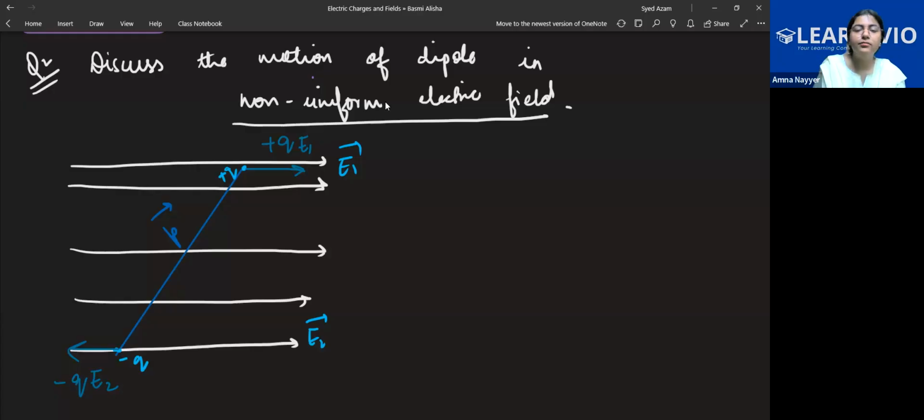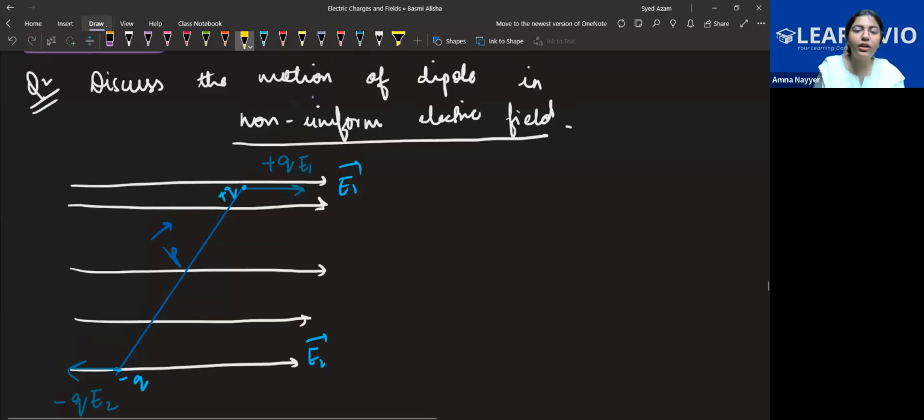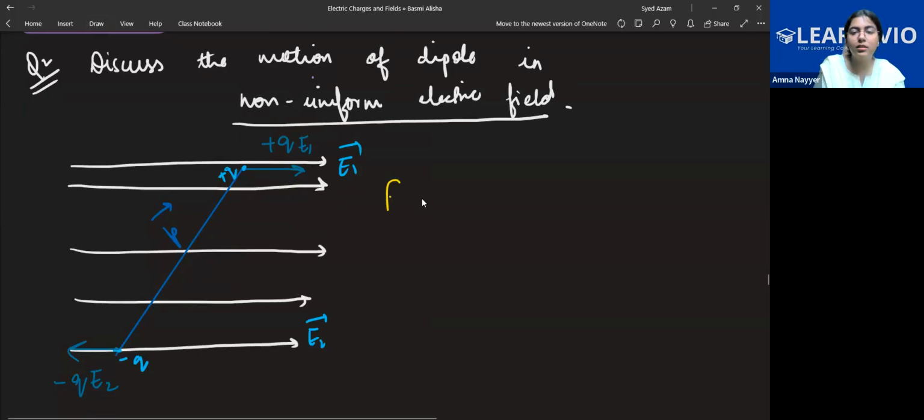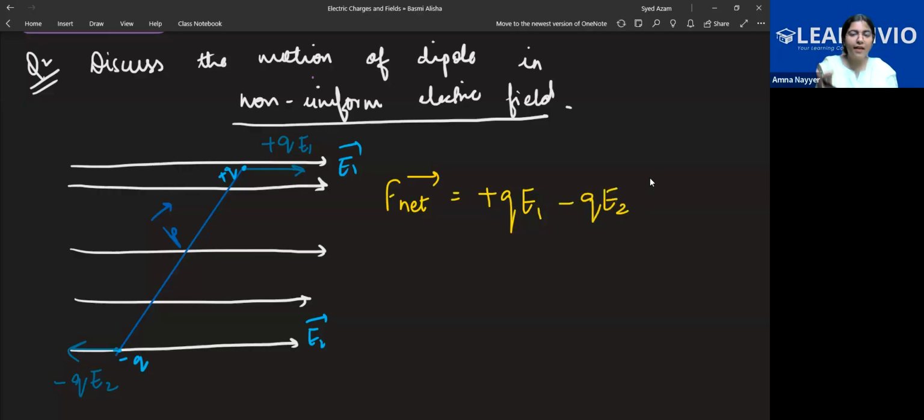So here, when you are calculating the net force, one will be plus QE1, second will be minus QE2, and this won't be 0, meaning this will have some value. So what's the motion of a dipole in a non-uniform electric field?